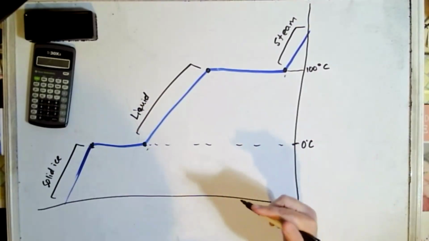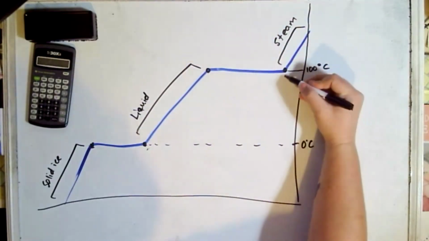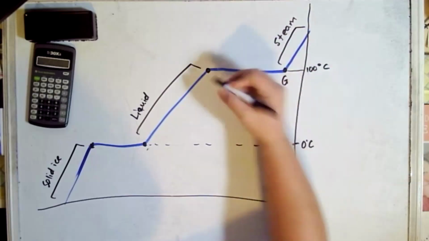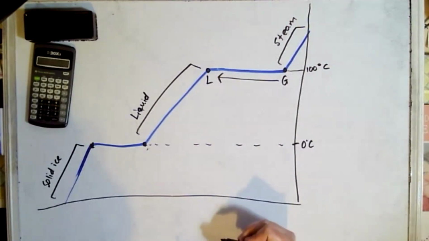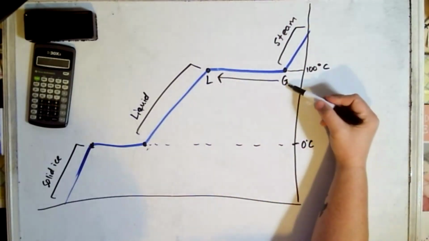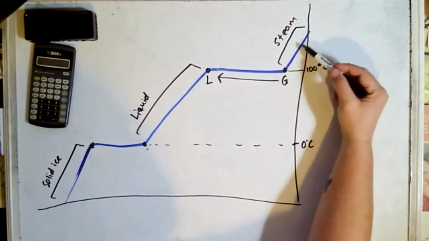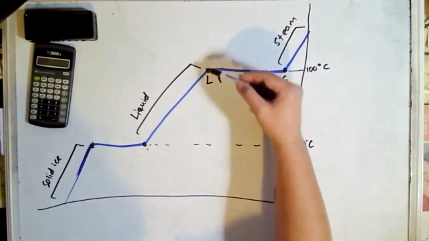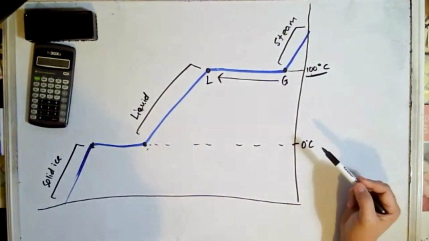Condensation is when we have our gas turning into a liquid, right? So this is when we have a gas state. This is when it's at a liquid state. And so the temperature, the first question says water condenses at a temperature of. Well, if this is our gas state and this is our liquid state, the temperature that conversion happens at is 100 degrees Celsius.